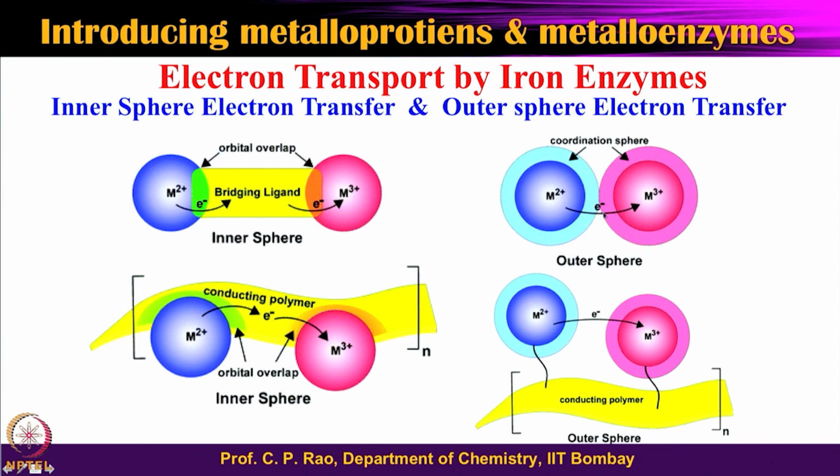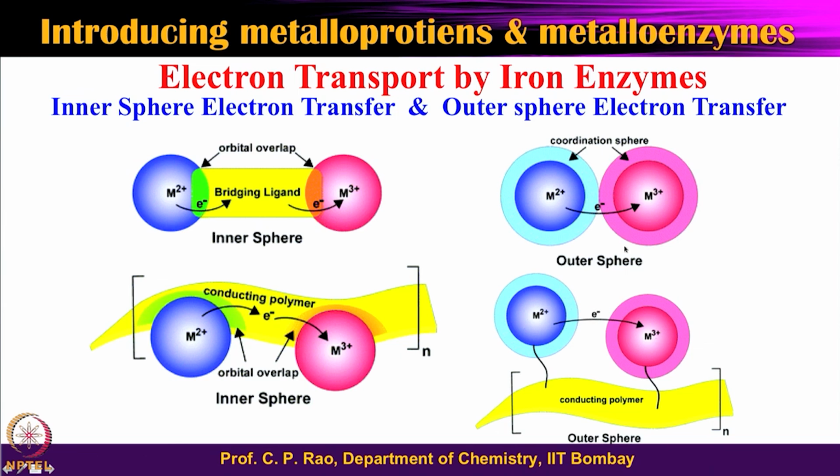So, it is the overlap of the pi cloud of this donor complex with the pi cloud of the acceptor center, and if the electron transfer takes place through that, then you can call it an outer sphere kind of mechanism. Or you can also have some conducting medium, which will overlap on one side with the donor, on the other side with the acceptor, and allow the electron transfer.